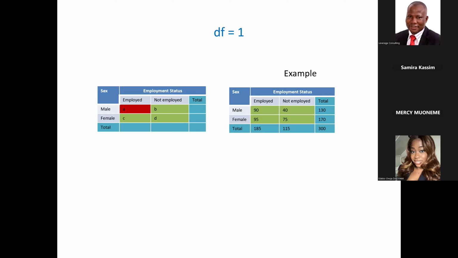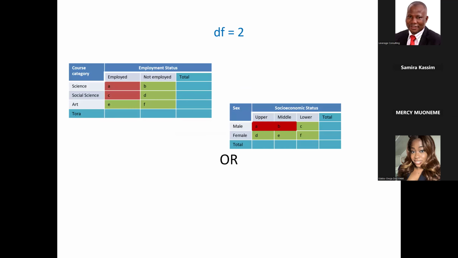That shows that 75 will become 80, for you to add up to 115. So only one value can vary; that's the degree of freedom. Whichever one you pick, the degree of freedom is 1 when you are dealing with a 2 by 2 table.